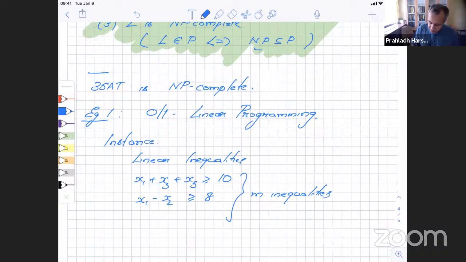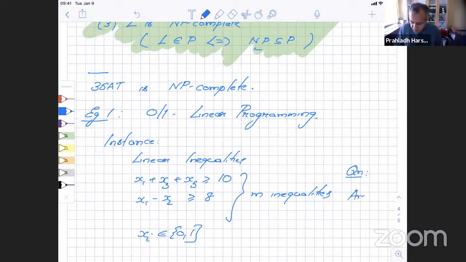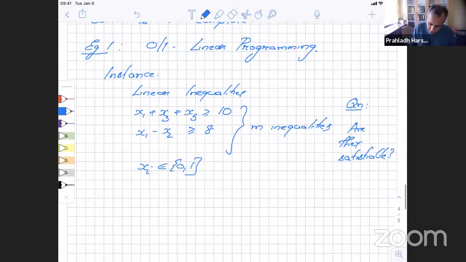And finally, the fact that all the xi's have to be 0, 1. They are not arbitrary real numbers. They have to be exactly 0 or 1. So I give you a bunch of inequalities, and the problem is: are they satisfiable? Is there a setting to the variables that makes all the linear inequalities true? That's the problem. So in particular, 0, 1 IP.